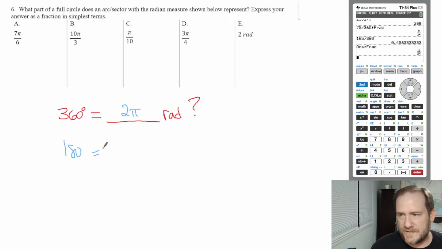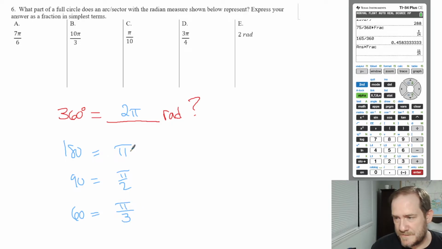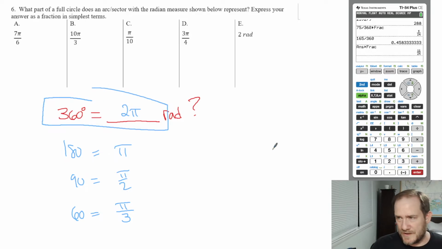That means 180 would be the same as 1 pi. That means 90 would be the same as pi divided by 2. 60 degrees would be pi divided by 3, etc., etc. 45 degrees is pi divided by 4. But there's a whole bunch of little angle conversions. The only one you really need to know is that 360 and 2 pi are the same thing.